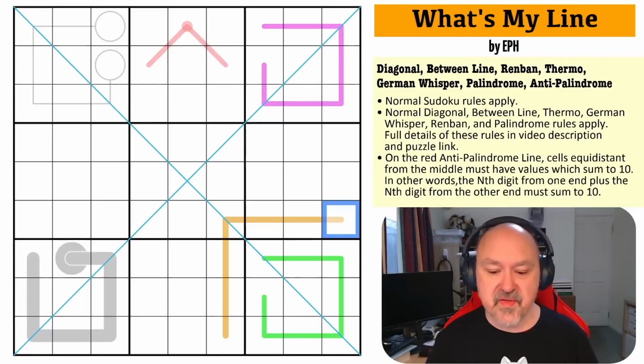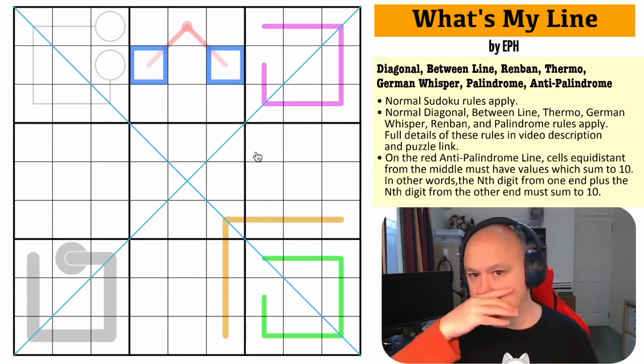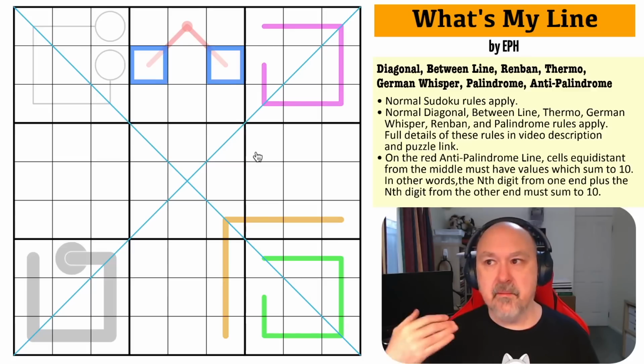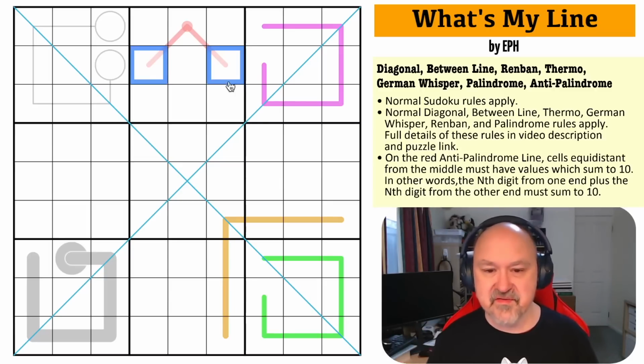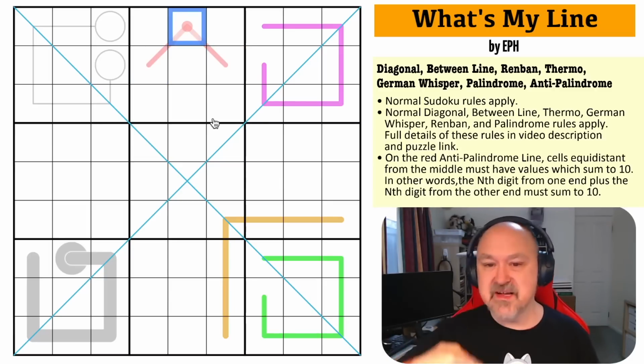Similar to a palindrome where these must be the same digits, these digits added together must sum to 10. And the way that I got it from the example, and this is kind of giving away a bit of a solve, is the middle digit doubled must sum to 10, because you're adding the digit to itself.